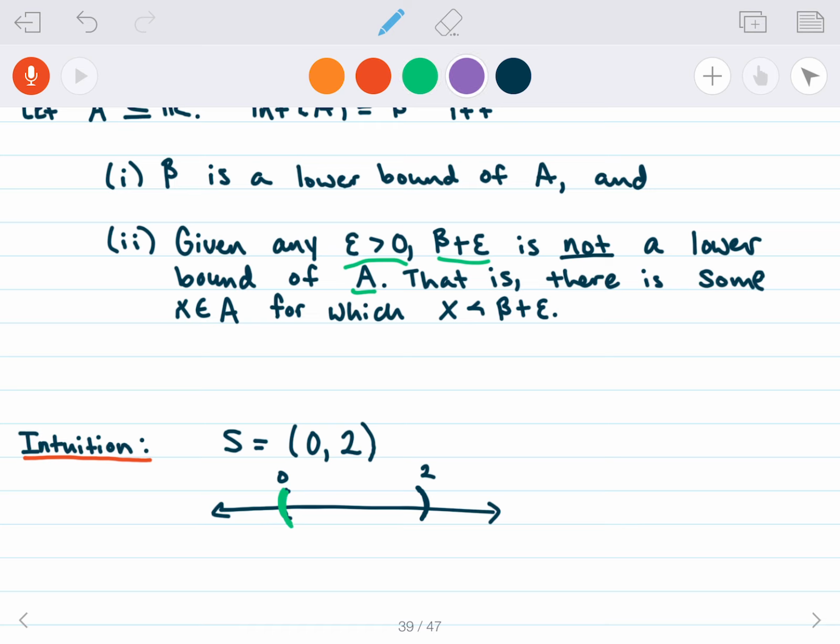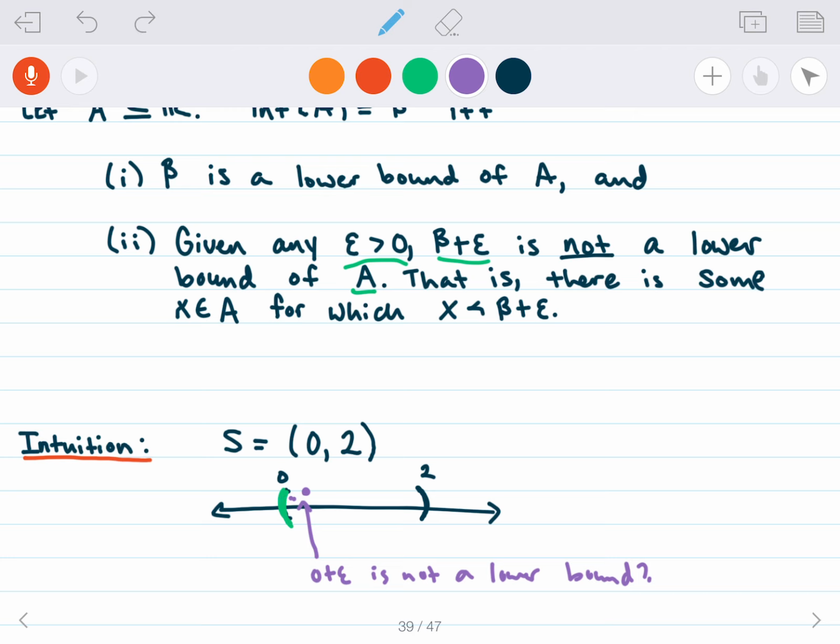And so why is it true that 0 plus epsilon is not a lower bound? Why is this true? Because we can always find something in that set smaller than 0 plus epsilon. No matter how small I make epsilon, I can always find something smaller and smaller and smaller here that's getting closer and closer to 0, but never actually touches 0.